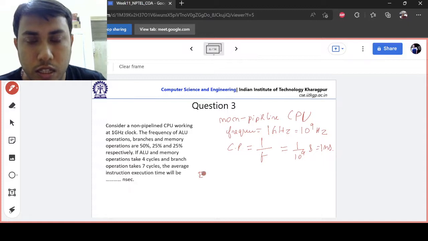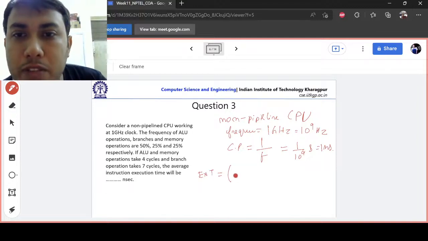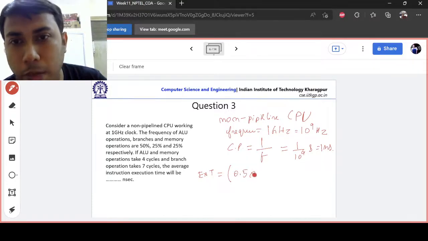So the execution time will be, what is the percentage of ALU instructions? That is 50%, 0.5. How much time does the ALU instruction take? 4, given.